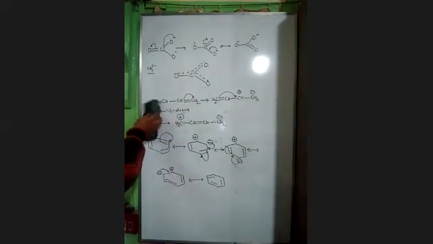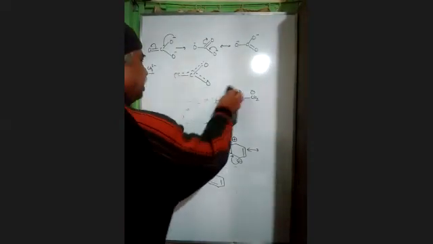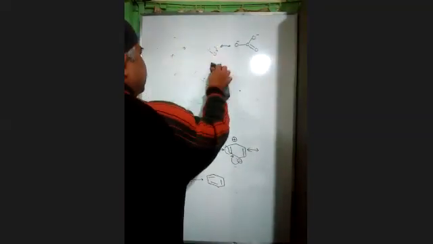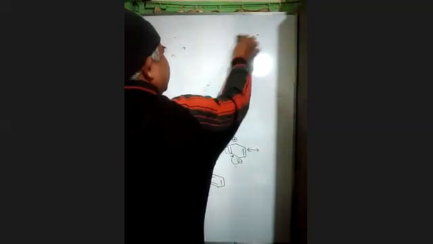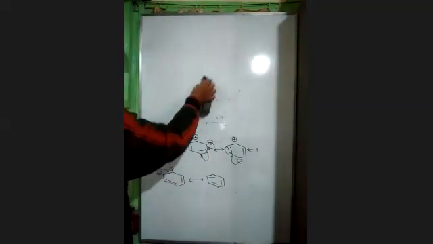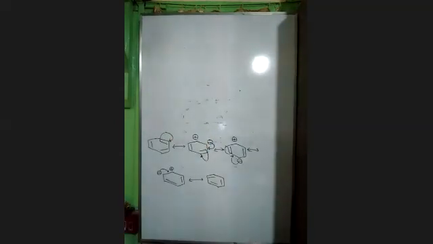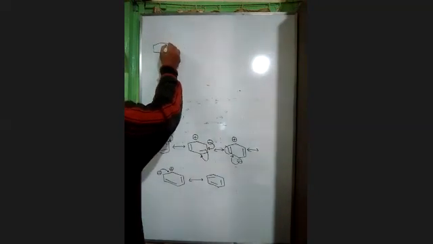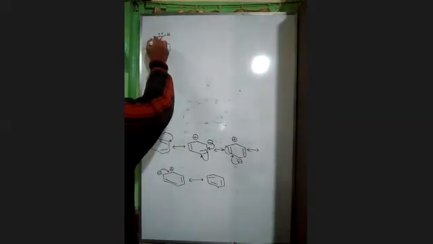Now, as we have seen, we have plus I and minus I inductive effects. Resonance also has the same thing. My mobile charge is almost going, so let me draw it. Suppose it has an electron donating group. Here a pair of electrons is there, so it is going to push electrons into the ring.